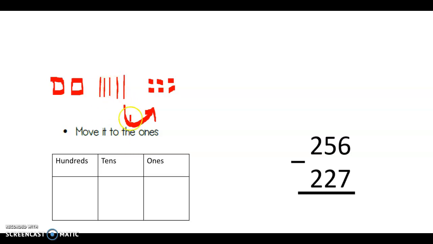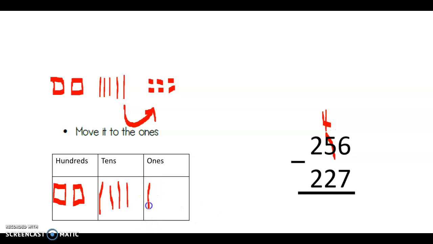All right, so I'm going to move it to the ones place, which means I have my 200s, and remember we moved this 10 over. So now we have 4 tens remaining in the tens place.